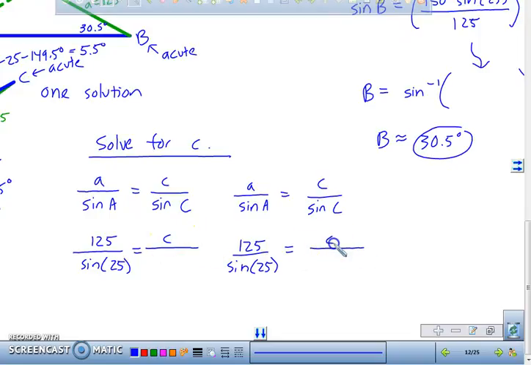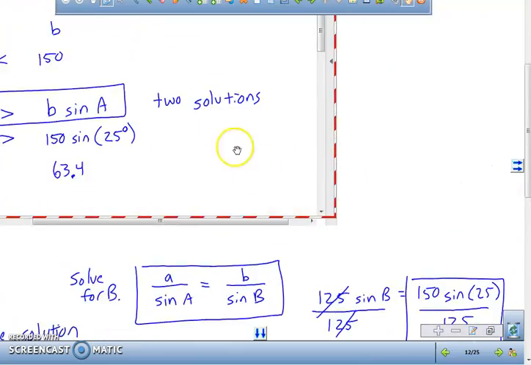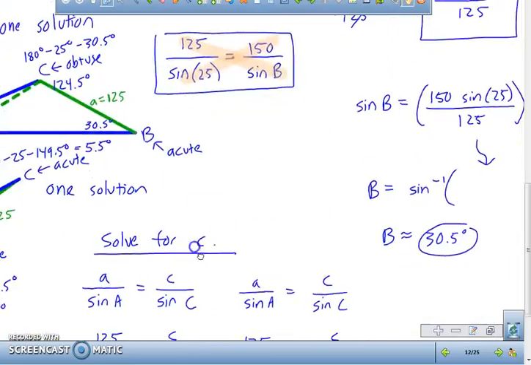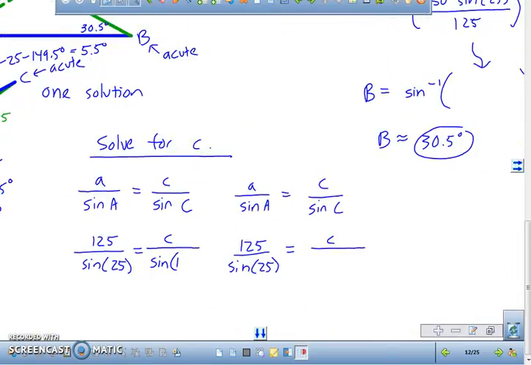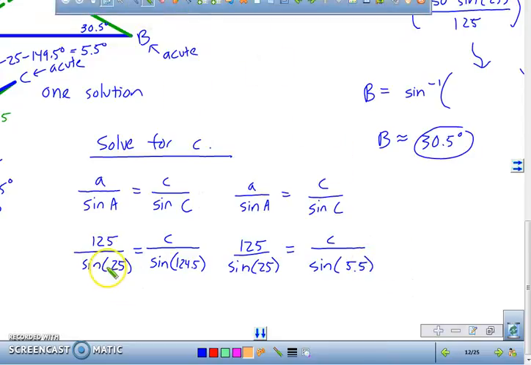We don't know the value of lowercase c, but what's the first one we're going to use? What was one of our angles for c? 124.5. So you're going to use 124.5. What's the other angle you're going to use? 5.5.